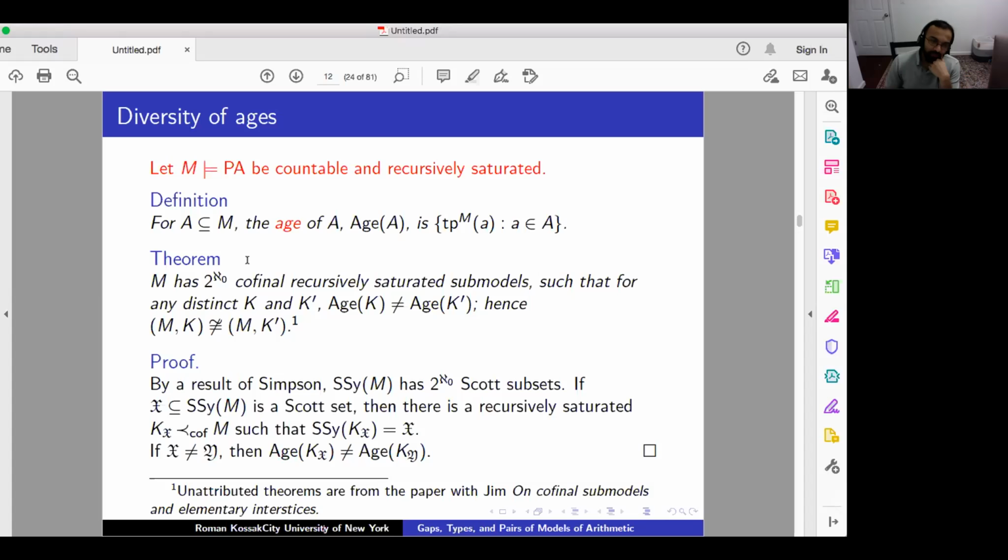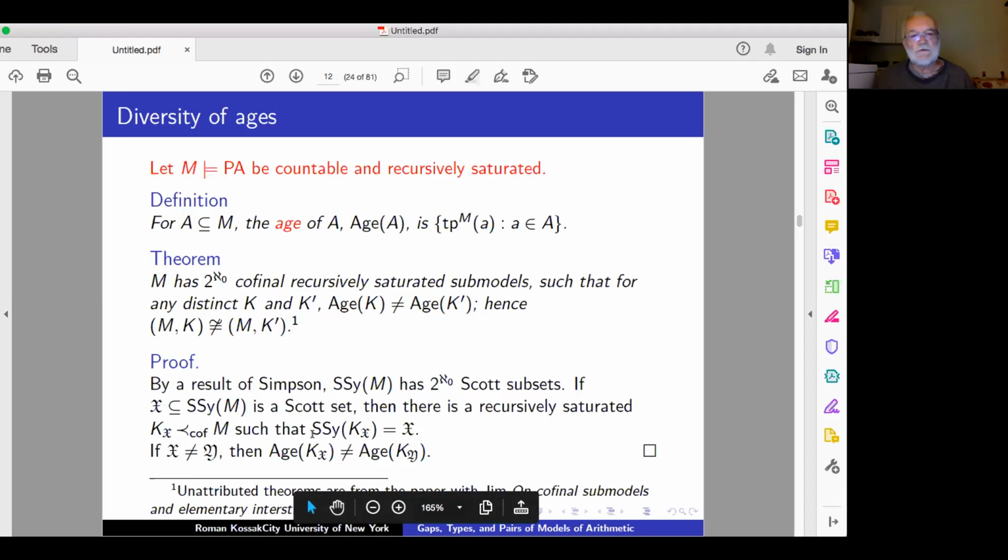If I understand, basically you're saying that when you're building this recursively saturated model whose standard system is X, you are realizing a set of types that are realized in M, and you just make sure that you do that cofinally high. You realize those types cofinally high. But you don't have to do it all at once. So first you just do K_X anyway. This is just this Scott construction.